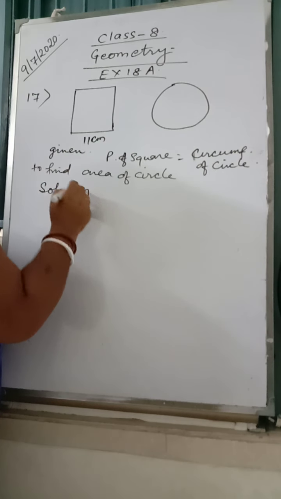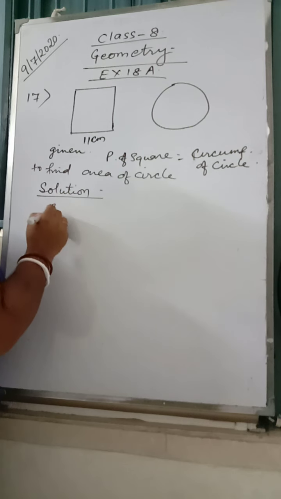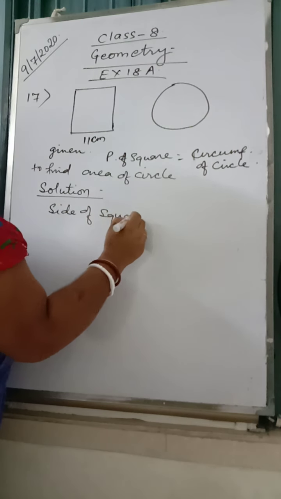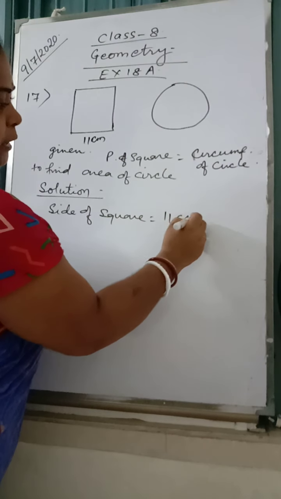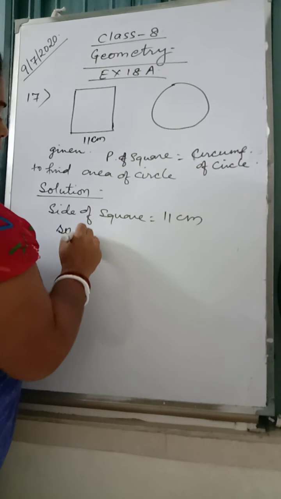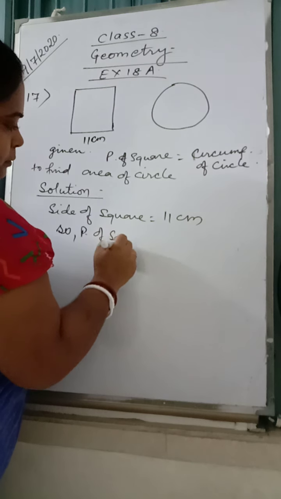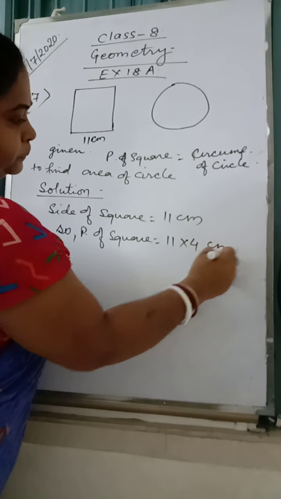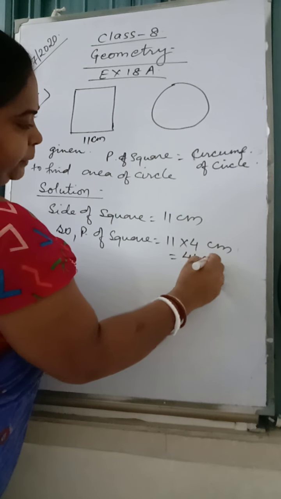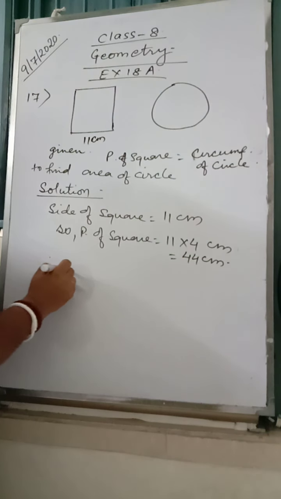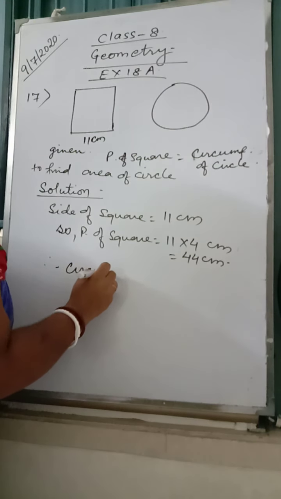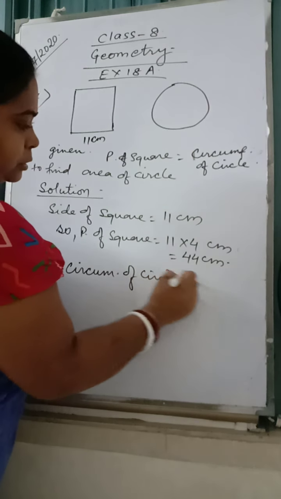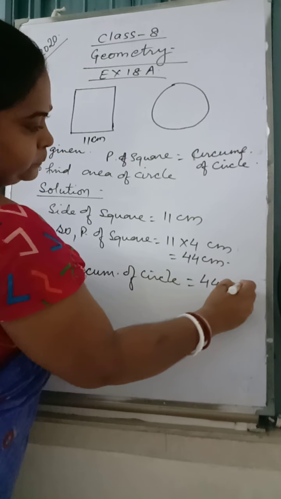Solution: the side of a square is 11 centimeter. So what would be the perimeter of the square? 11 into 4 centimeter, 44 centimeter. So the circumference of the circle also would be 44 centimeter.